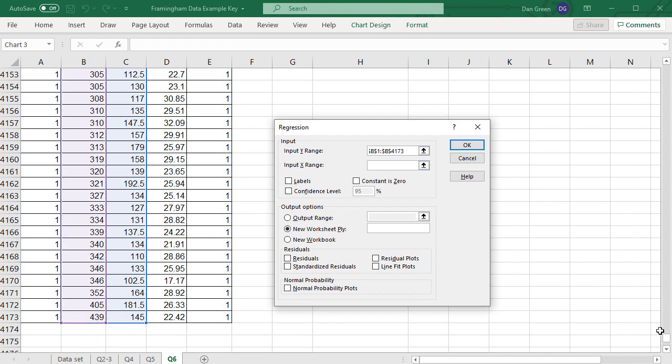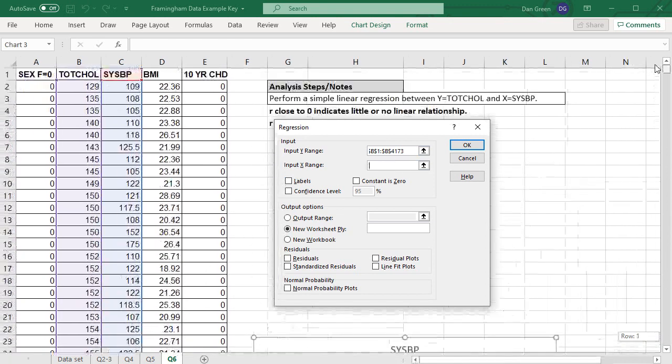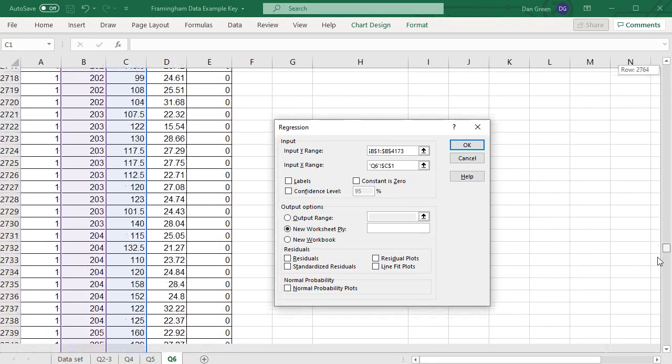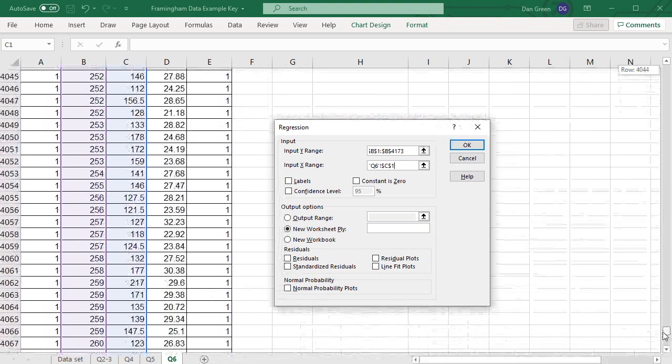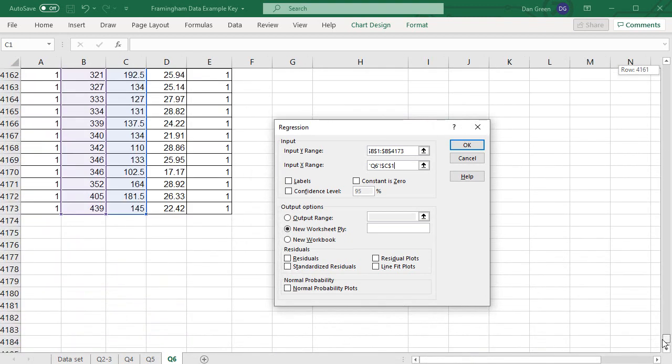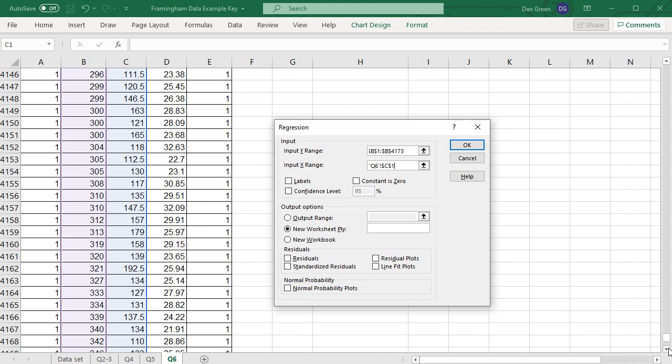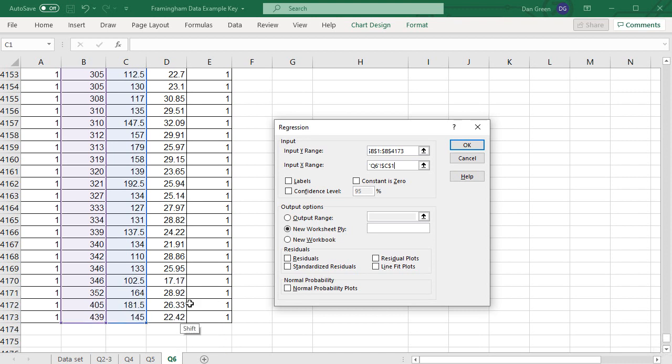Now we'll do the same for the X range. So we're going to come up here to the top. We'll click systolic blood pressure. I'm going to scroll down to the bottom and click the very last value in that column while holding the Shift key. So that's the 145. So there's our X and Y input.